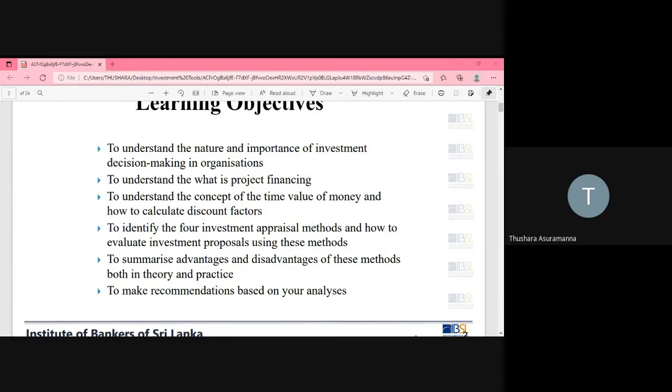So if you are looking at the investment decision, this session is important, just to understand the nature and importance of this investment. Then what are the tools available for us to ascertain the feasibility and viability of this investment, whether to go ahead or not.